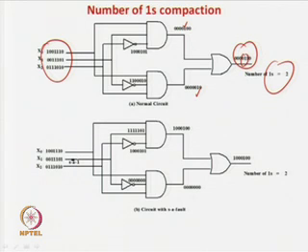So, if you consider stuck-at-1 over here, in this case it will always be a 1 over here, and in this case it will always be a 0 over here. Let us make these things simpler.